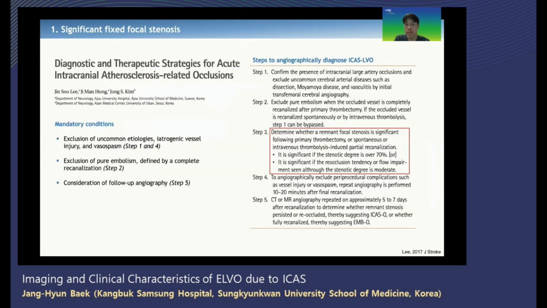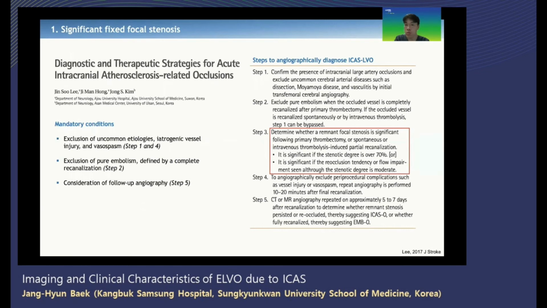One of the important steps that should be emphasized is that some specific etiologies such as dissection, iatrogenic injuries, moyamoya disease and vasculitis should be excluded. Complete recanalization without residual stenosis, maintained on follow-up, can suggest an embolic occlusion.